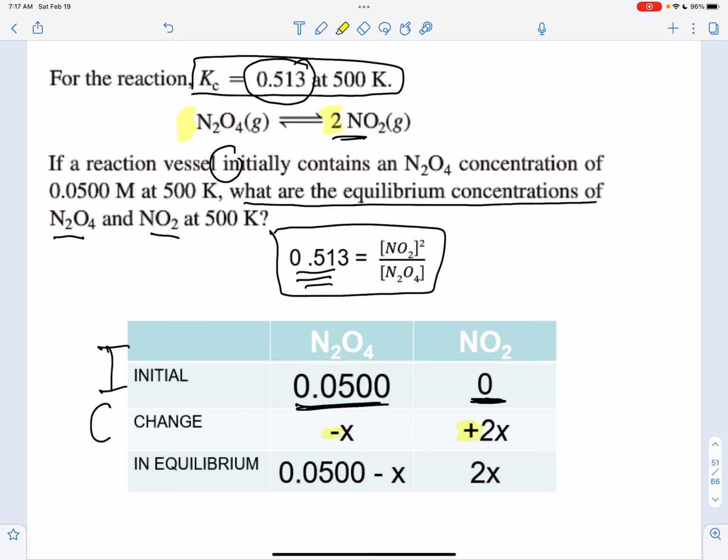So for every X amount that is consumed, you're going to create 2 times that amount of the product because of the stoichiometry of this reaction. And then we do equilibrium. Equilibrium is nothing more than initial minus the change, which gives you the equilibrium concentration.